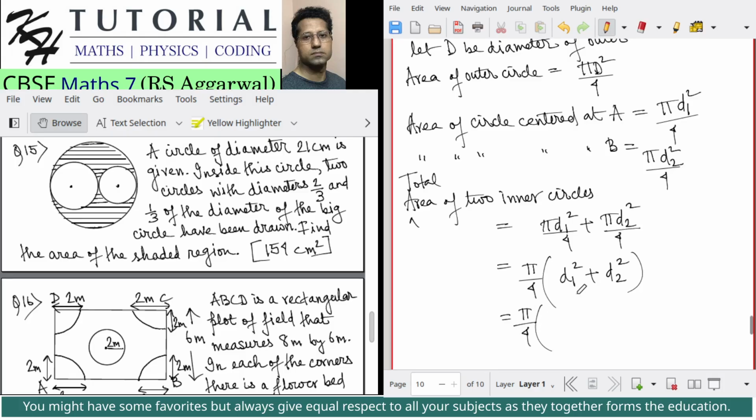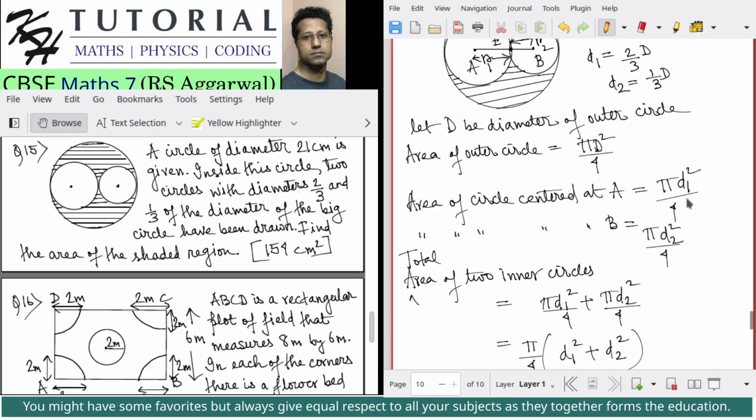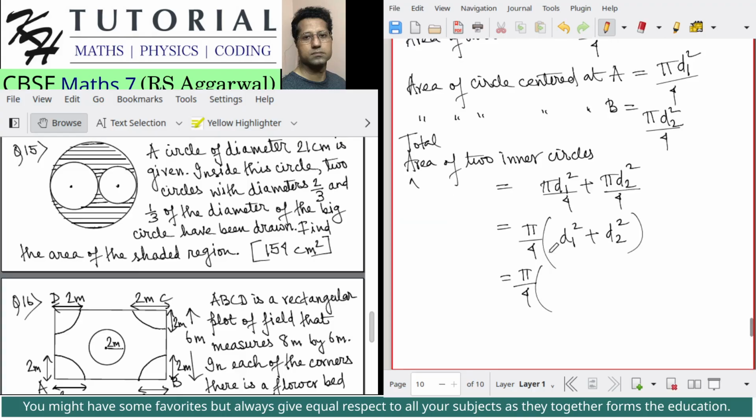What is d1? D1 is 2 by 3 capital D. So d1 square will be 2 by 3 capital D, this square, plus d2, which was 1 by 3 d, this square.